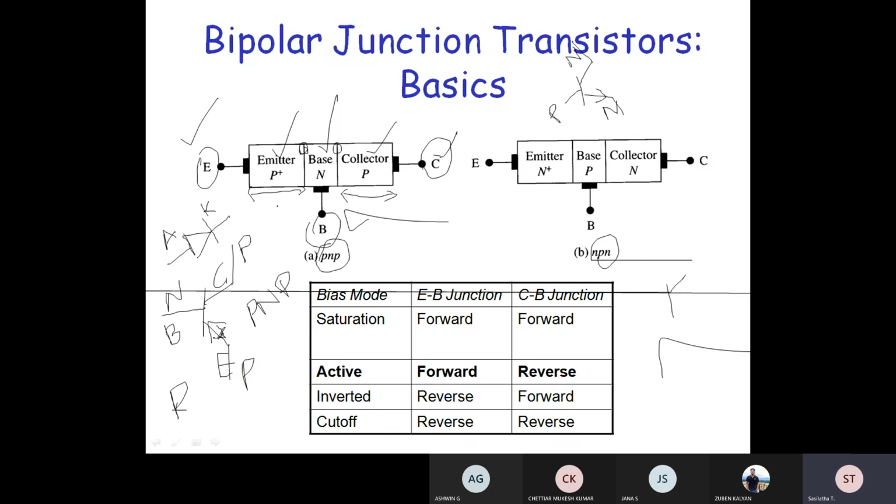So I can structure it like this: the entire thing is a bar of semiconductor. At the ends we have more heavily doped p-type impurities, and at the center it is n-type semiconductor. Now, if you look at the NPN transistor, holes are minority carriers, and only electrons are majority carriers.